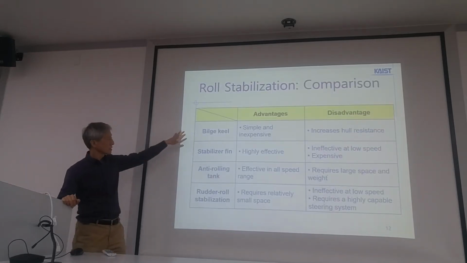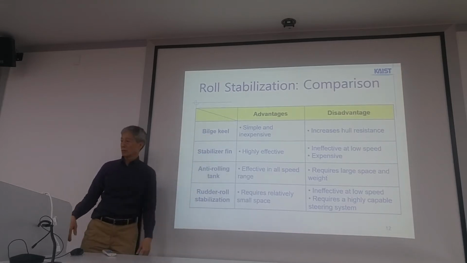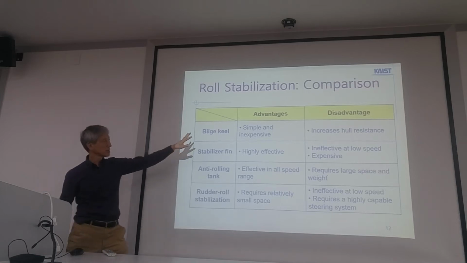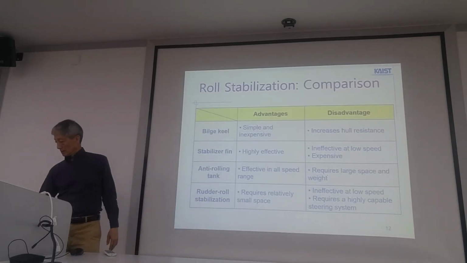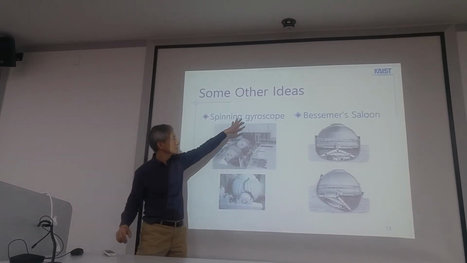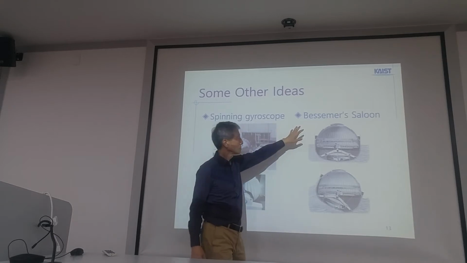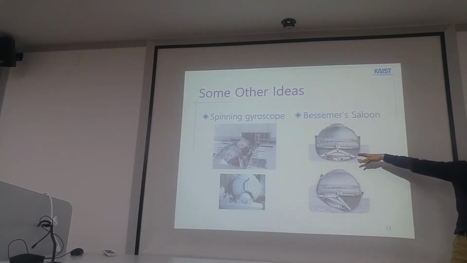Comparison of bilge keel, stabilizer fin, anti-rolling tank, and other things. I'm not explaining it. Advantages and disadvantages. Other ideas: gyroscope, and some special devices. They are all patented. The problem is the size should be big because the ship is big, right?